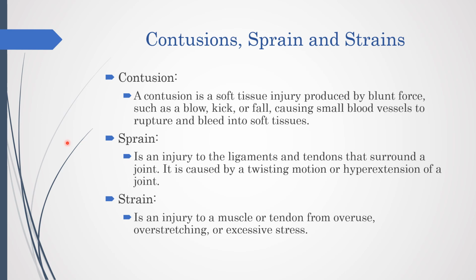So talking about contusion, sprain, and strain is very simple. Contusion is a soft tissue injury produced by blunt force such as a blow, kick, or fall, which causes a small blood vessel to rupture and bleed into soft tissue.